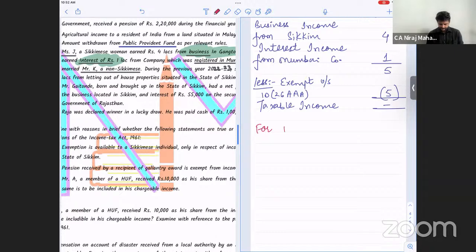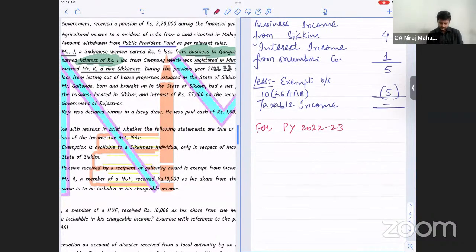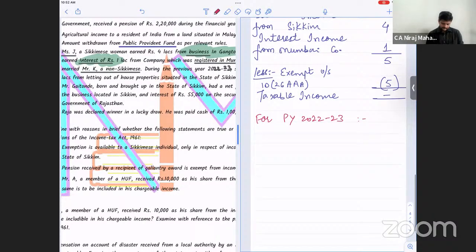For PY 22-23, since she married a non-Sikkimese, she is no more a Sikkimese individual.